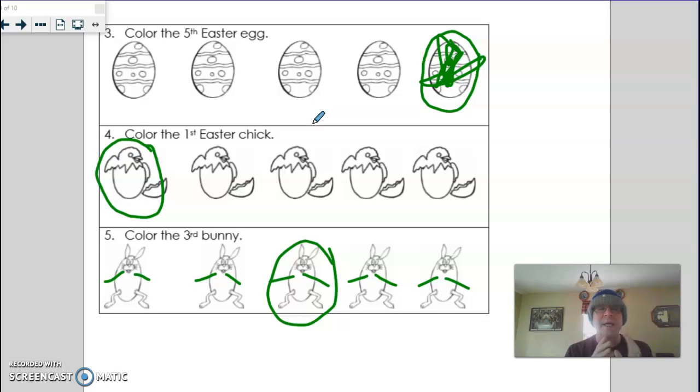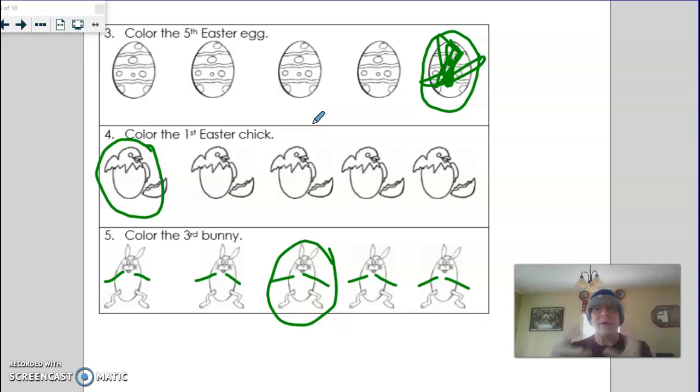But I do want to tell you this, and maybe you'll catch on to this more next year. This is kind of a hard thing to understand. When we talk about ordinal numbers, we're talking about where something is in line. So if you have a line of something, where it is in that line. It's first, second, third, fourth, and fifth. Regular numbers tell us how many we have. Like we have 5 or we have 6 of something, right?